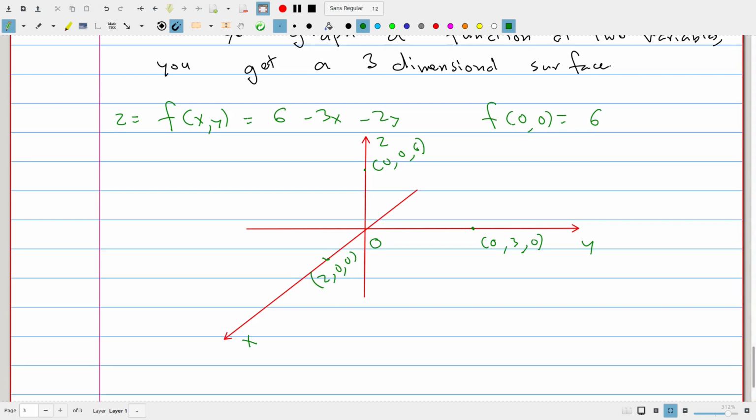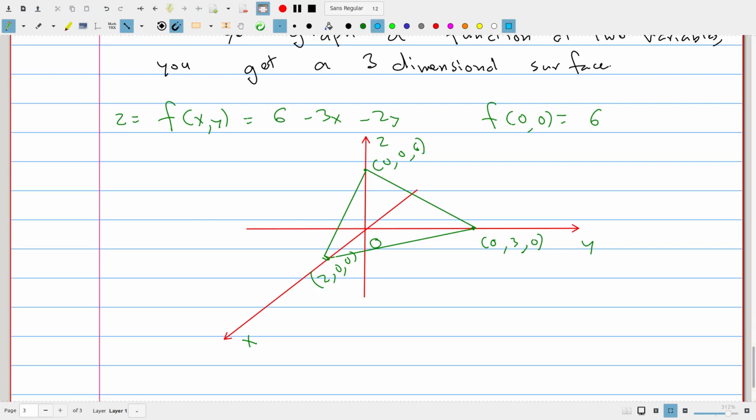So let's finish the graph of the plane. Let's connect this to this. I mean, the triangle is part of the plane, but it's not the entire plane.